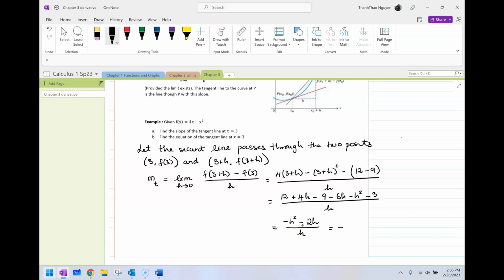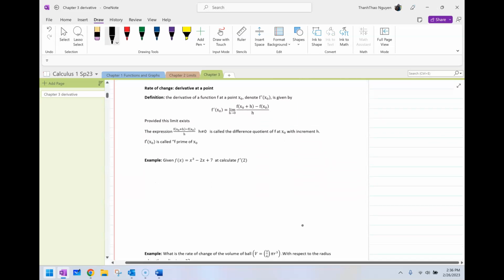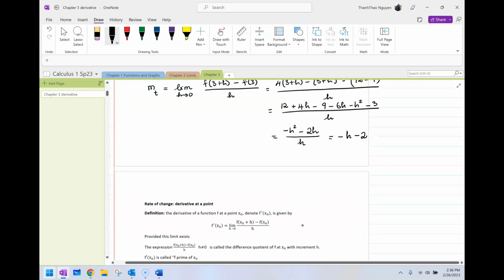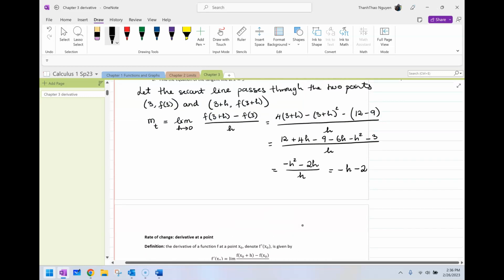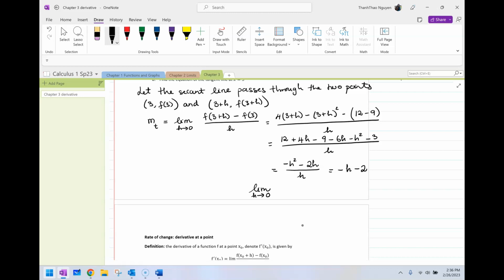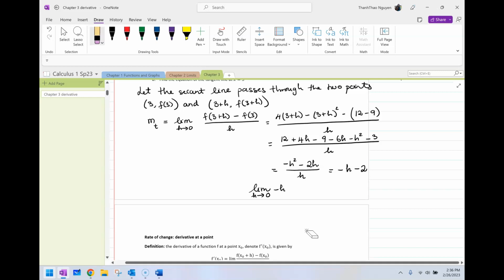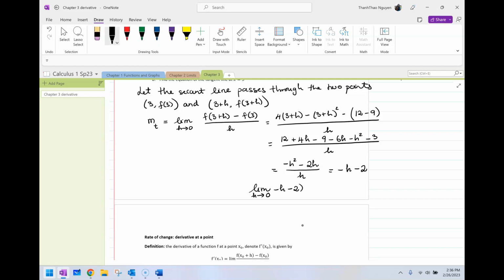So this is negative h minus 2, and we take the limit as h approaches 0. So the limit as h approaches 0 of negative h minus 2 is equal to negative 2.